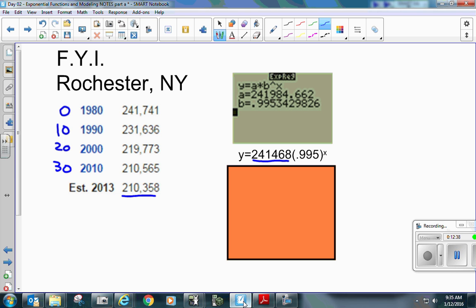We're going to estimate what the year 2013 would be. This was based on a previous class. So our y value isn't 241,468, it's 984. And that's what we're going to use here. So this is inaccurate based on our information.